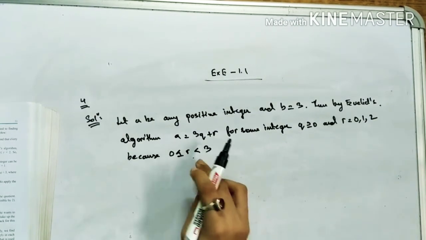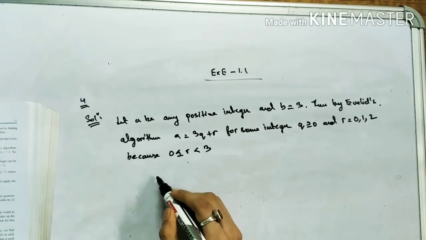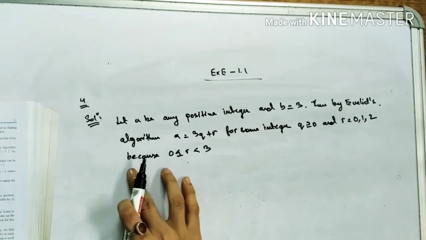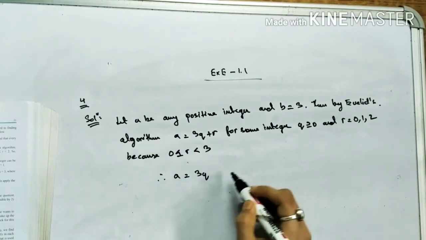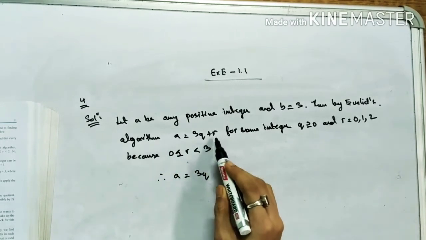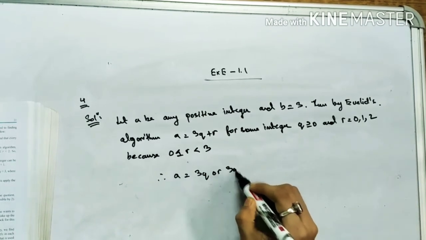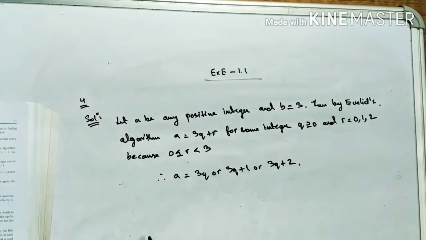So therefore a can be 3q when r is 0, or it can be 3q plus 1, or it can be 3q plus 2.